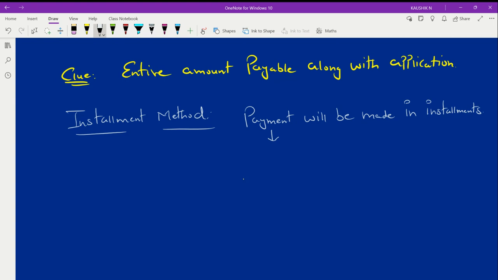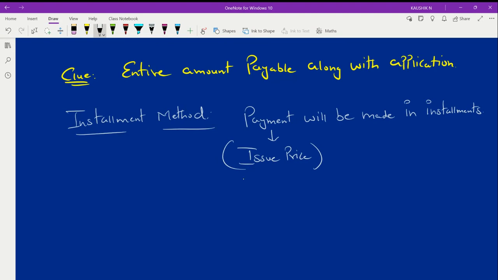Payment here is referring to the issue price, the price they have quoted. So what I mean to say is the face value, or if they are issuing at premium, the issue price. So the price of the share will be paid in installments.